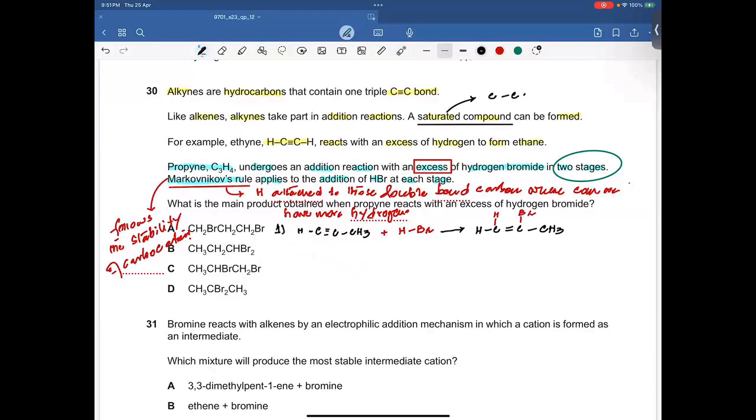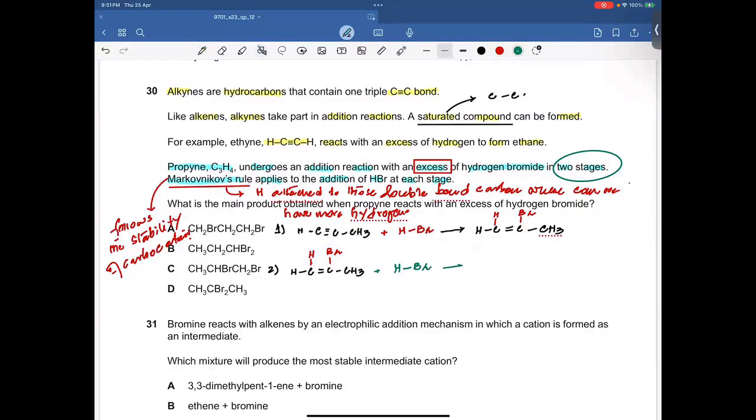Now in the second step, I will continue with this product. We have one H and one bromine. I'm using HBr in excess, so I'll use another HBr molecule.